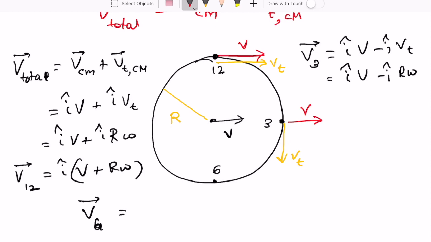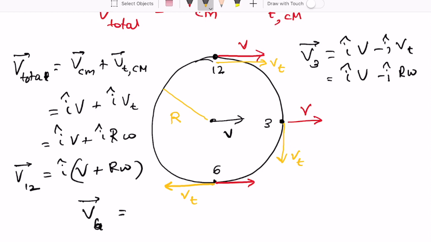So that's the velocity of the center of mass. And the other is its tangential velocity. Now, if the disk is spinning clockwise, what is the direction of its tangential velocity? The answer is it's backwards, right? So the tangential velocity will be in this direction.